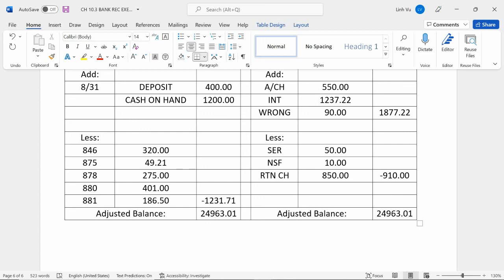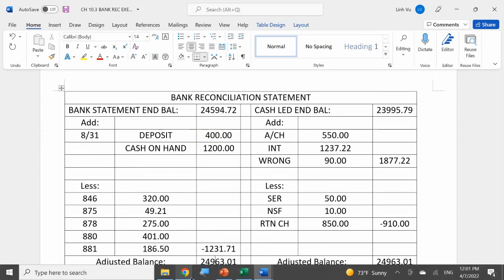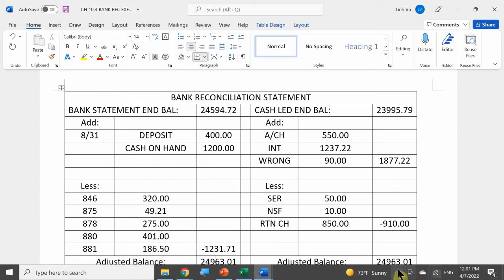Do your balances match, 24,963.01 with 24,963.01? Is that true? Yes. So in this case, that is this one here. Any questions on how to do a bank reconciliation? No.